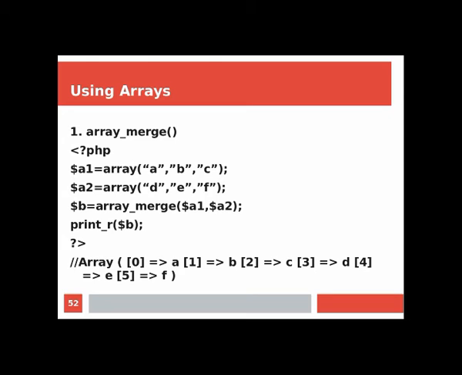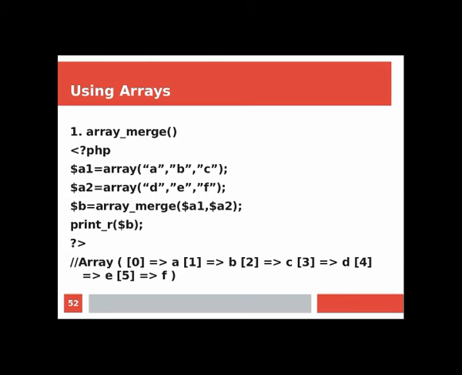And here $b equals, that means we have taken two arrays, that's why $b = array_merge($a1, $a2); which is our function, because these two are the array variables. Then to print the complete array which we have taken in $b, print_r($b); and end of the tag.